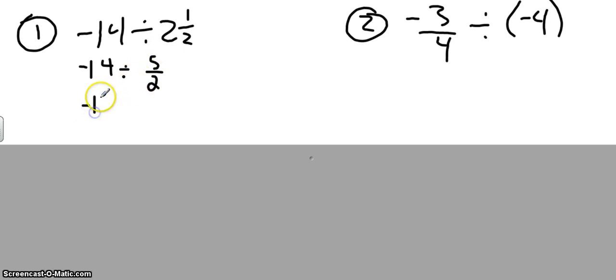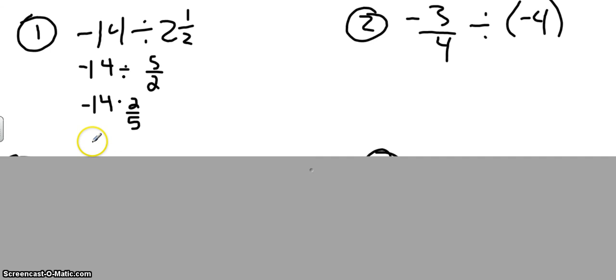So we have negative 14 times, flip it over, 2 over 5. Now we have a negative being multiplied by a positive, so we're going to have a negative product.